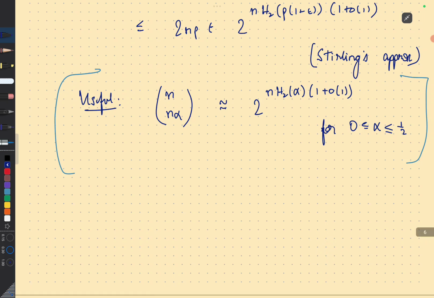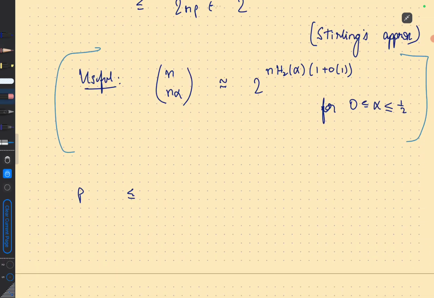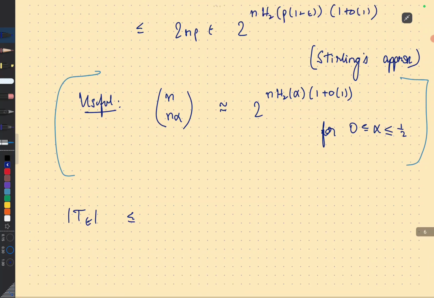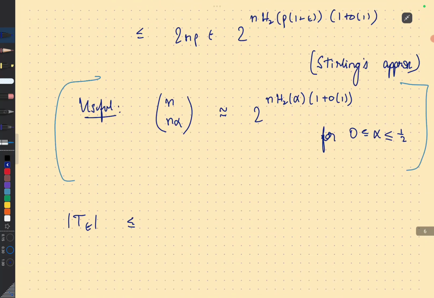So therefore the size of the typical set, the size of T epsilon, is less than or equal to 2 to the power n times the binary entropy of P times 1 plus epsilon, 1 plus little o of 1, plus log of 2 np epsilon.